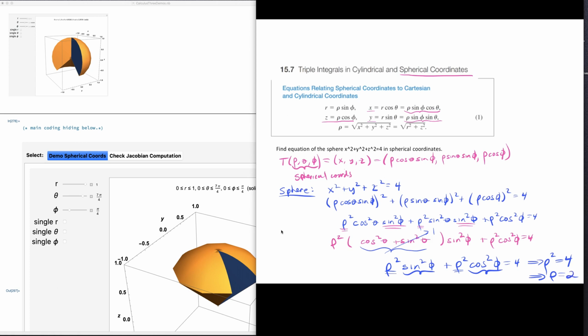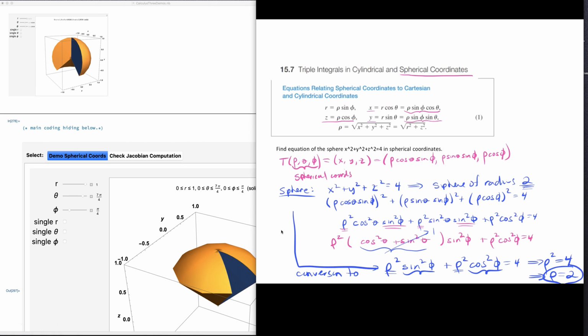So this might give us an idea that this was a sphere of radius 2 in Cartesian or rectangular coordinates. And then when we did the conversion of that sphere to spherical coordinates, we got rho is equal to 2, which is the same as the radius of the sphere.